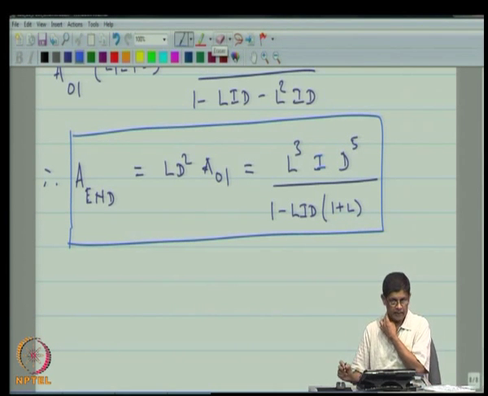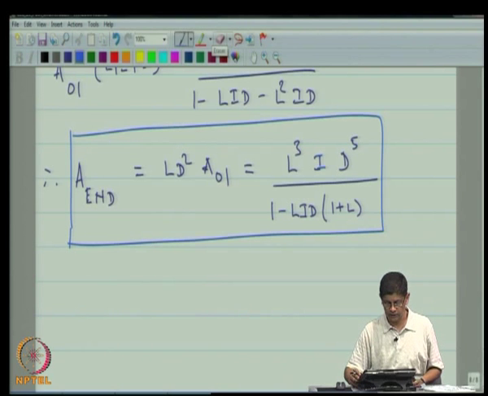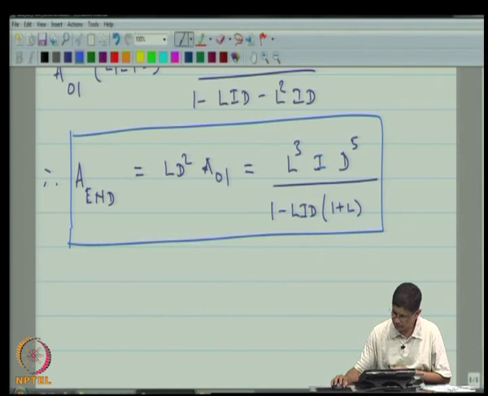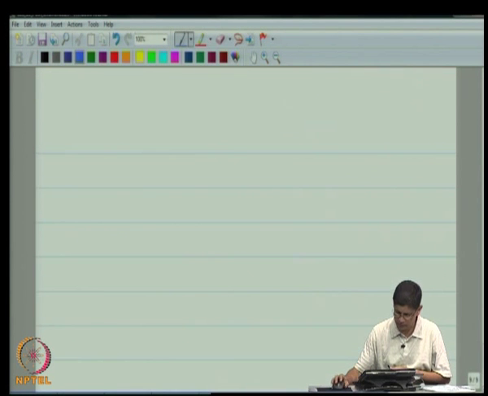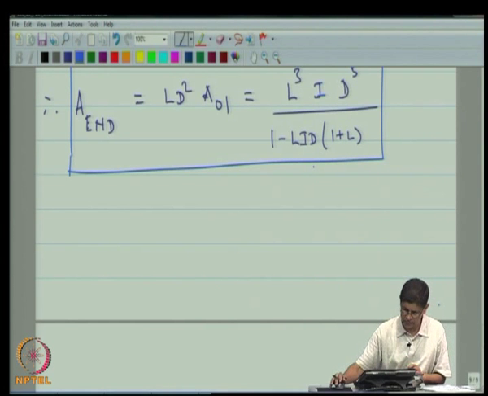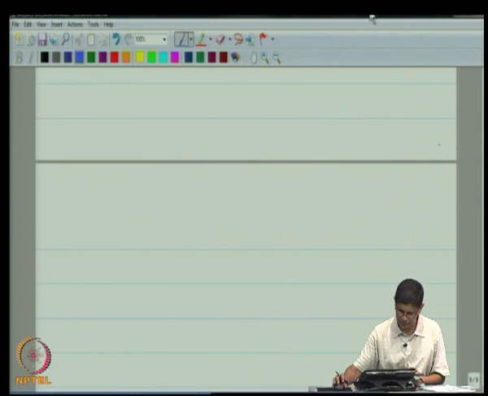Now, I mentioned that we were interested in path enumeration. So, how exactly does this help us enumerate paths? Now, any time you have an expression, so I will just make a comment on the side here.